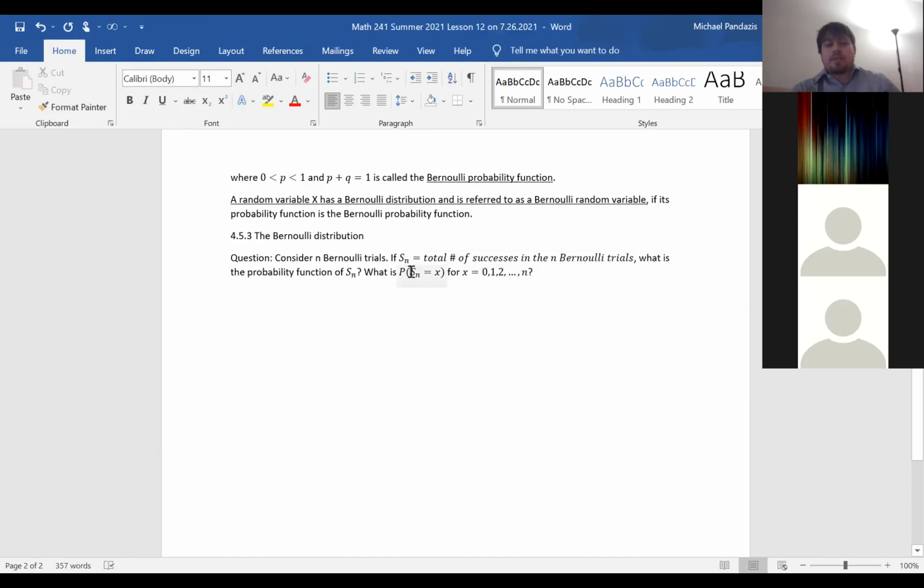And for capital S sub n, the total number of successes, you want to know the probability of S sub n equaling some little x, where little x ranges from 0 to little n. This expresses the probability that the total number of successes in the n Bernoulli trials is either 0, 1, 2, and so forth up to n.